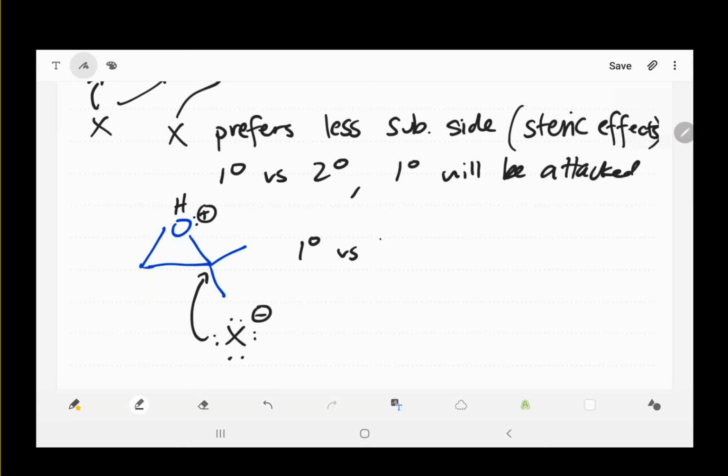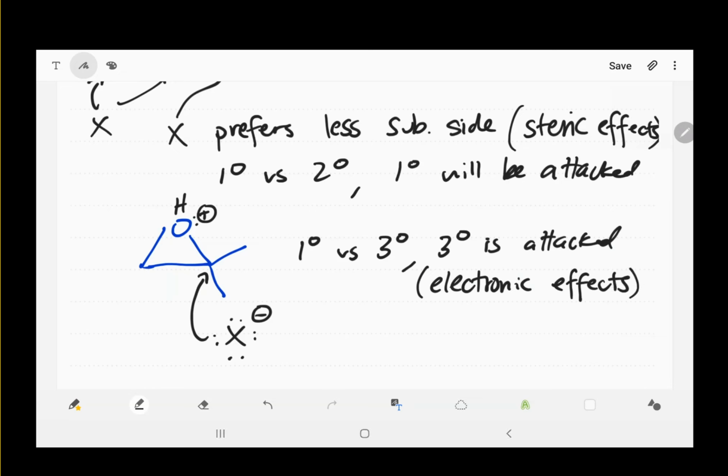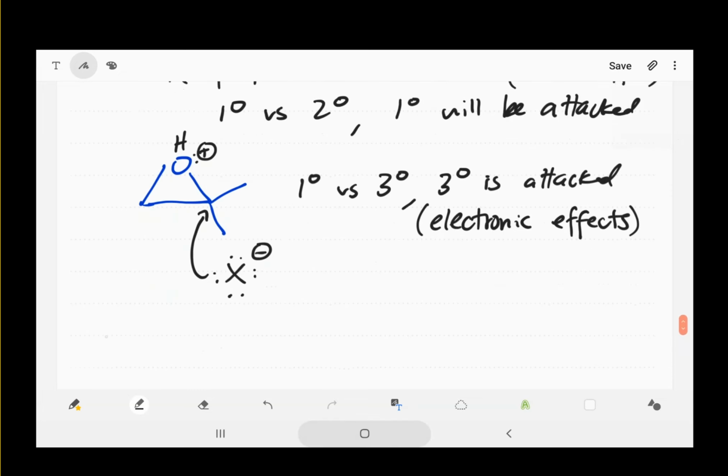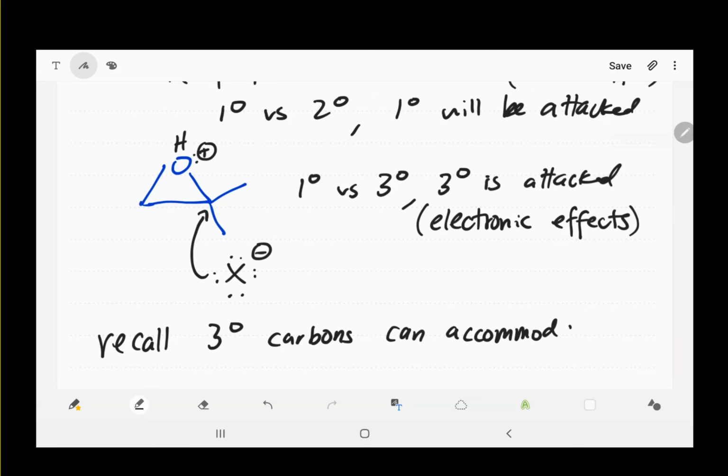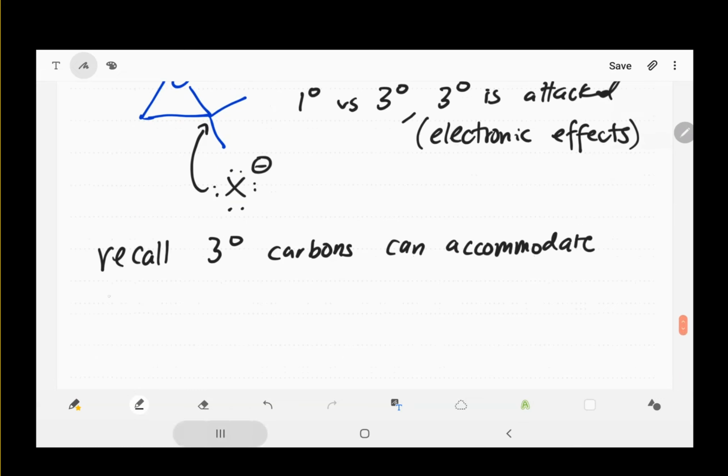And the reason for that is actually electronic effects. So while the other side is less sterically hindered, that's certainly true, remember that the tertiary carbons can accommodate positive charges more easily.